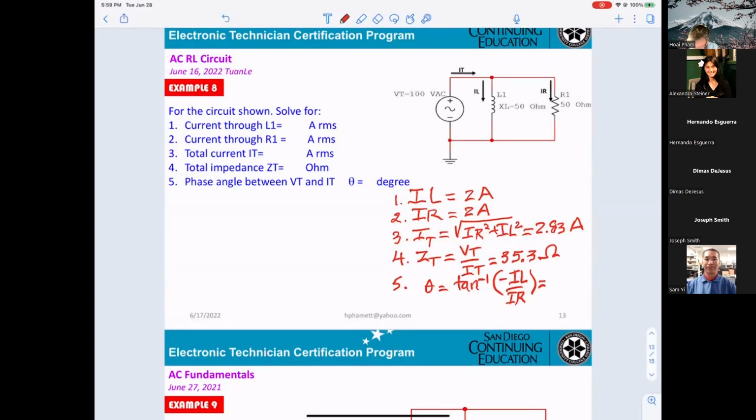Negative 45, right? Okay, try to see if you can get that, understand the answer for number 8 example.